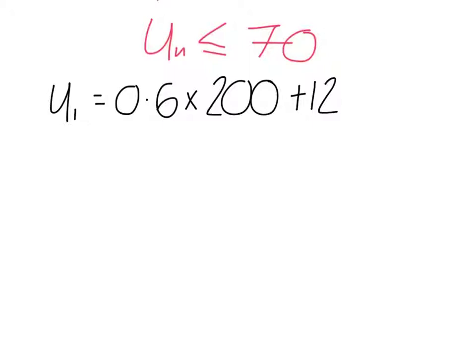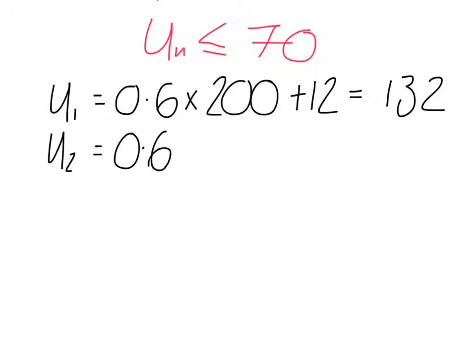If we do that and work it out on our calculator, we get 132. So our value still hasn't dropped below 70 or equal to 70, so we're not there yet. So we'll now work out u2, which is 0.6 multiplied by the previous value, which is 132, plus 12, which then gives us 91.2.